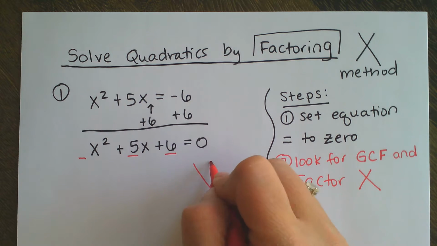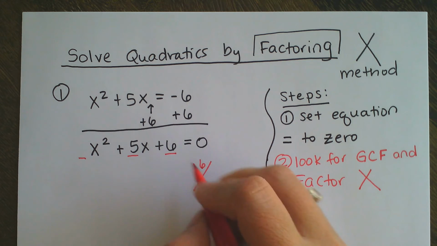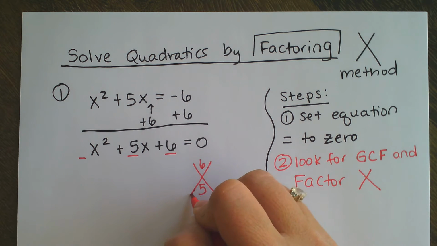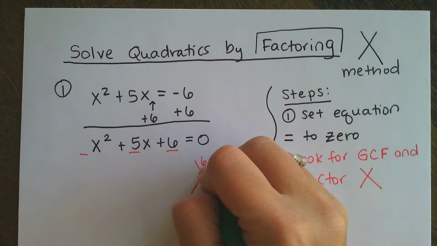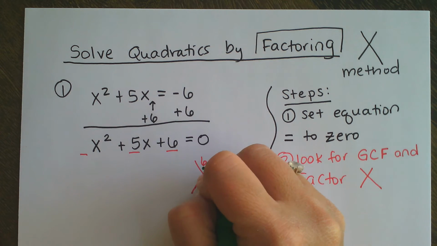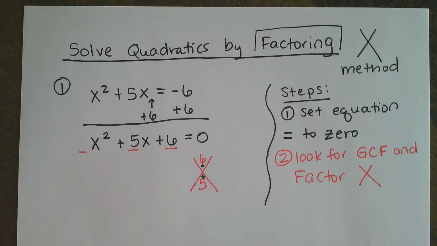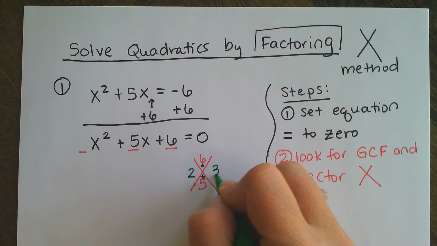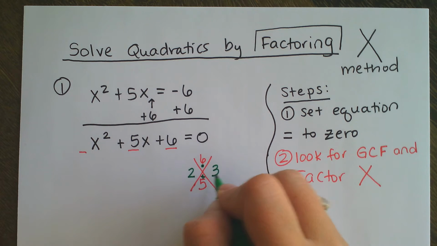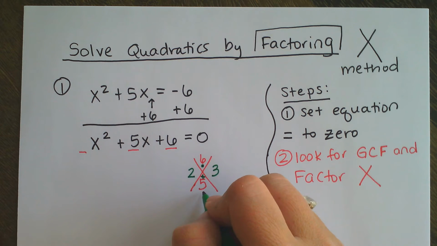So I'm going to find factors of 6 that add to 5. So remember, we want it to multiply to 6 and add to 5. And we also have to keep in mind our integer rules. So I'm going to use 2 times 3, and they're both positive to make positive 6, and they're both positive to add to 5.